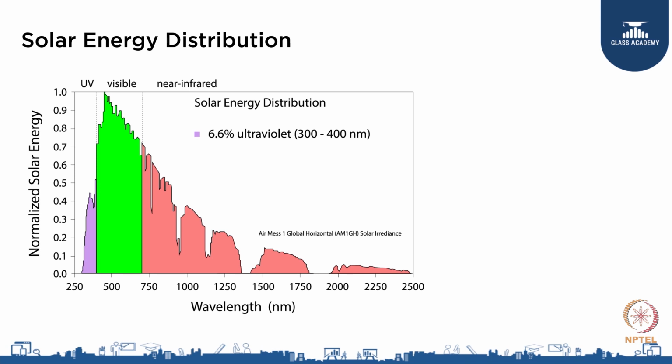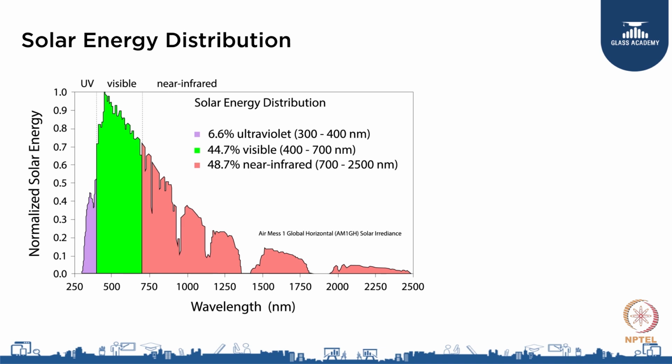So the ultraviolet region consists of 6.6% of the total energy that the solar radiation brings in. The visible part of this spectrum consists of 44.7% energy, and the near infrared region constitutes 48.7% of the total solar energy that is falling onto a building.